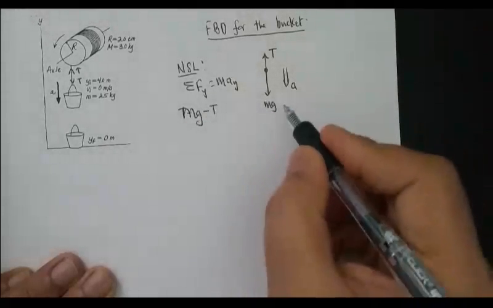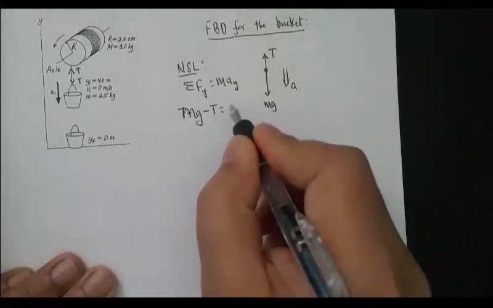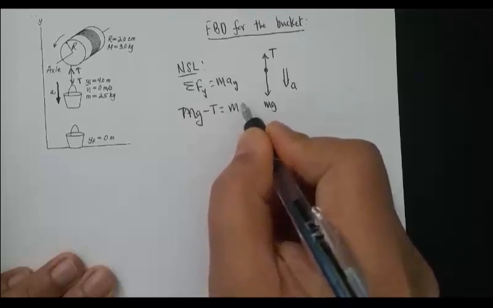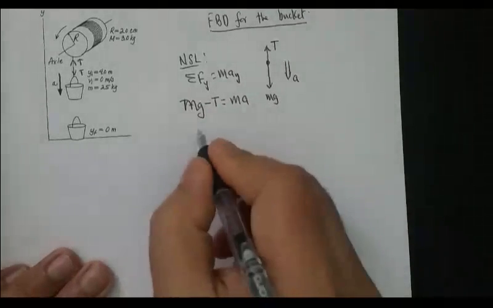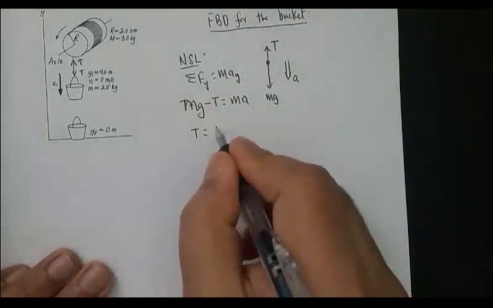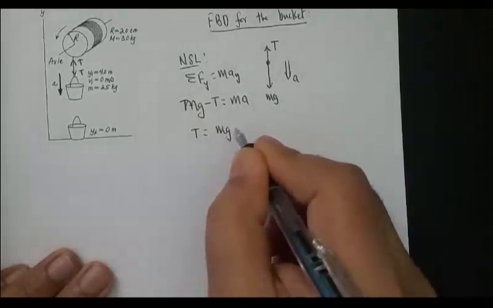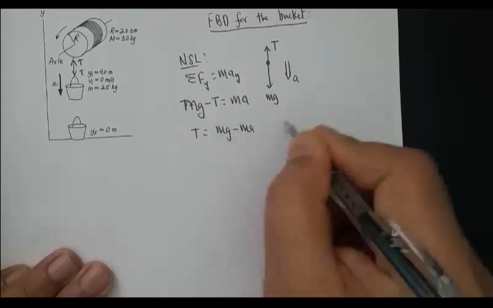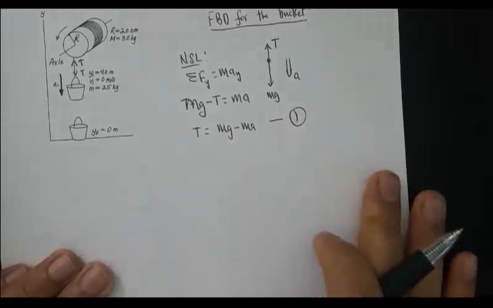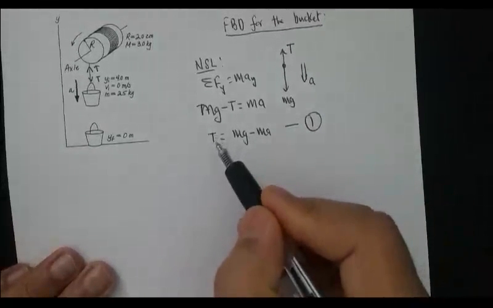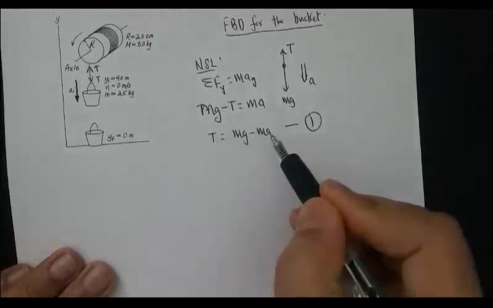So mg minus T equals ma, and then tension is mg minus ma. This is equation number 1. You can't solve this completely because you have two unknown variables, tension and acceleration.